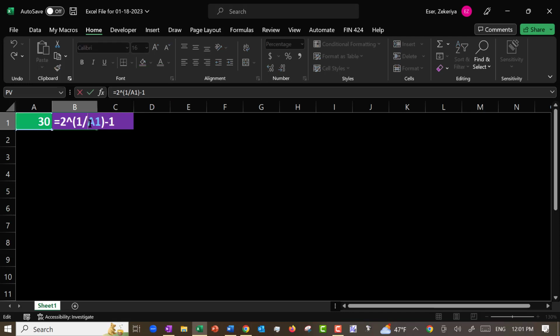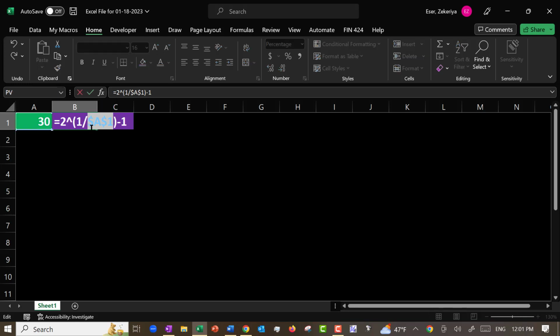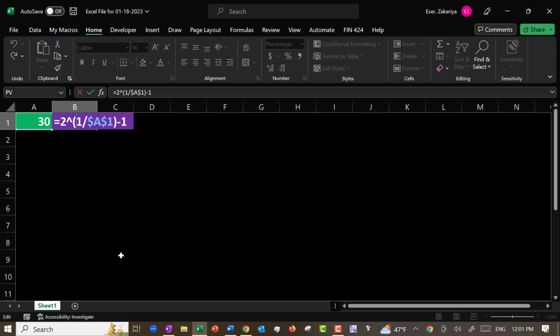One, if you have function keys on your computer, just when you clicked on that reference, hit F4. As you can see, it put $ in front of the A and $ in front of the 1.